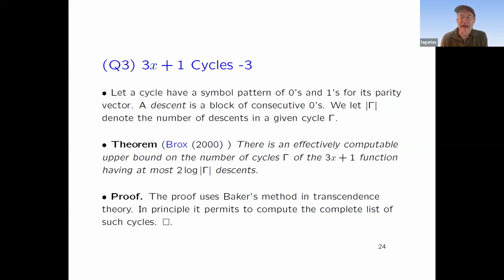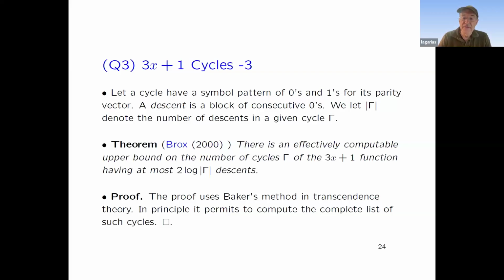What's known about cycles? There are some theorems proving that there is an infinitely large set of possible symbolic dynamics that you can analyze. You can find all the integer cycles, and these typically use Baker's method and the transcendence theorem.